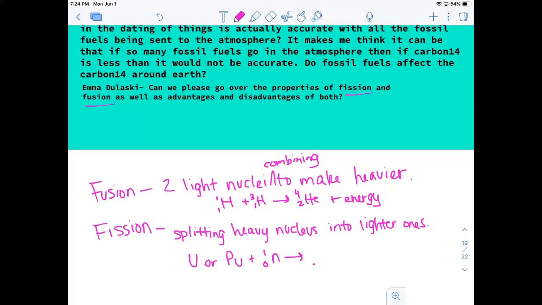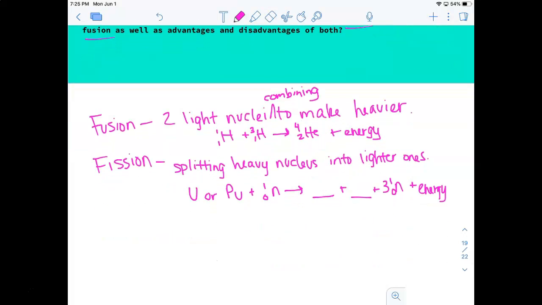So you're going to make two lighter elements. Those are going to be two different elements than uranium or plutonium. You're going to make a bunch of neutrons that are going to go on to split more uranium, and you're going to make a bunch of energy. So fission's kind of easy to pick out because it's actually a very long reaction.